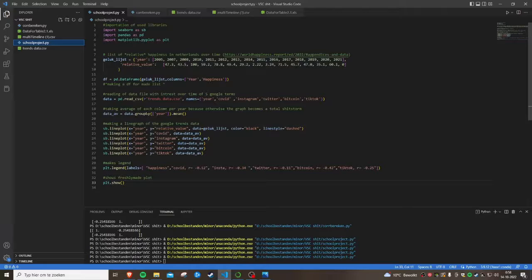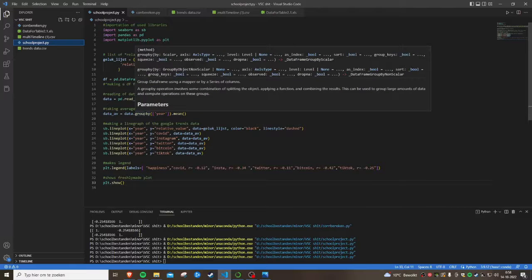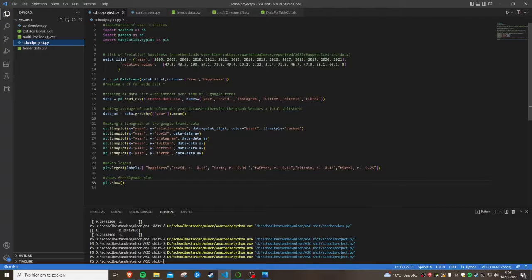I group them by year because, as I told before, the happiness was measured per year. So I had to make the trends also per year for the chart because otherwise it would become a mess.